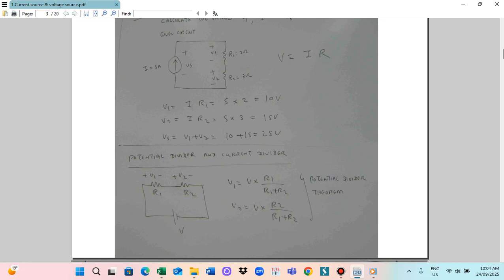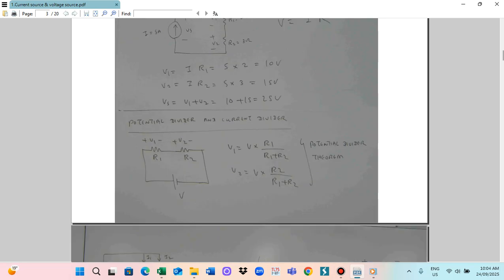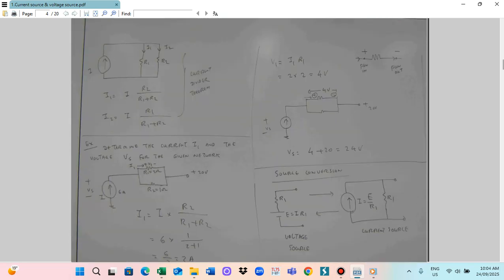Another one is that we also utilize the current divider theorem. So this is the current I flowing here. This is resistor R1 and this is R2. The current flowing through resistor R1 is I1, and this one will be I2, from the current I. So you can also calculate the current I1.